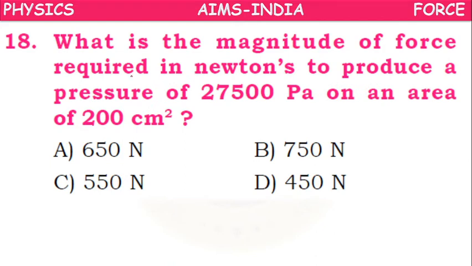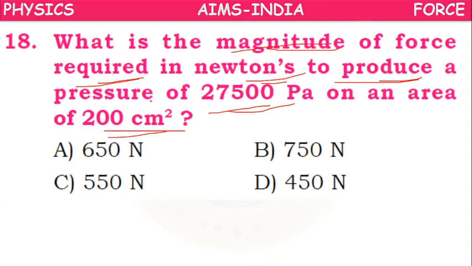Next. What is the magnitude of force required in newtons to produce a pressure of 27,500 pascals on an area of 200 centimeter square? We have to find force in terms of newtons. The pressure value in pascals and the area value are given.